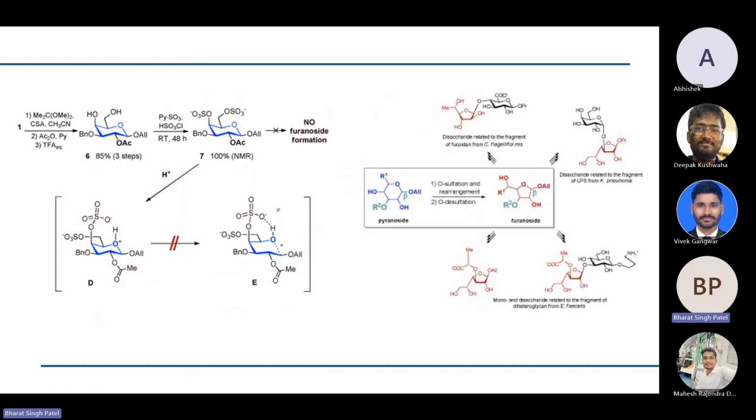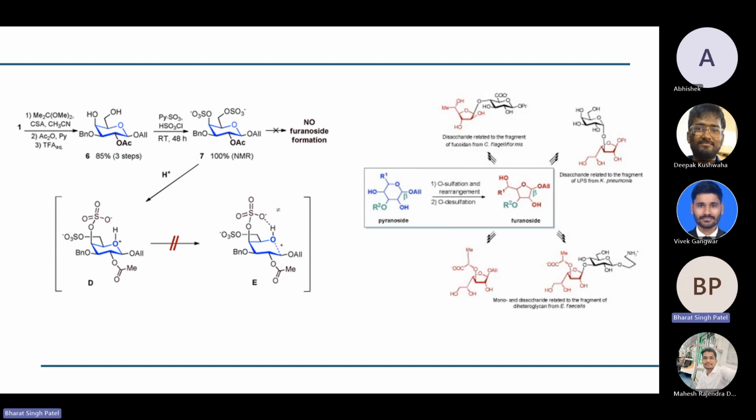In the same paper, they took one more example, where they first took the same starting material. C3 was protected with the OBn, and C2, C4 and C6 were free. Then C4 and C6 were protected with a protecting group, followed by protection of C2 with a diol group, and then they removed the protecting group and did the same reaction. In that case, they did not observe furanoside formation.